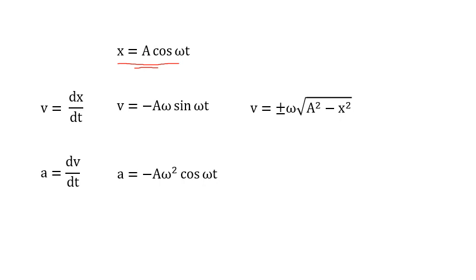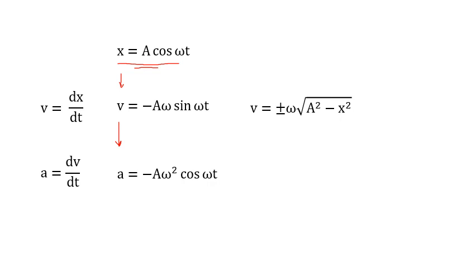Now, if you differentiate x, you get velocity. If you differentiate v, you get acceleration. So if we differentiate this term again, if we differentiate sine, we get cos, and another omega comes out, so we get a equals minus A omega squared cos omega t.